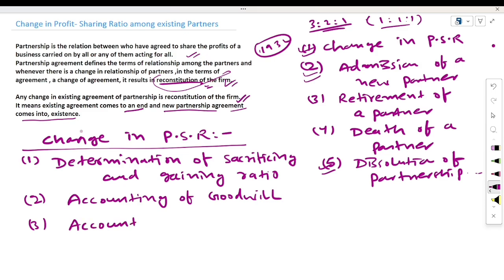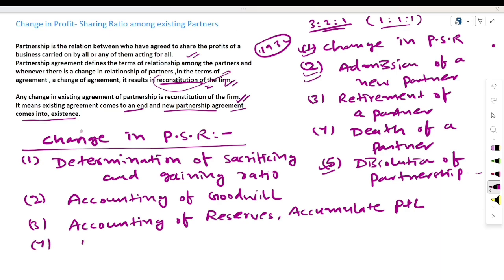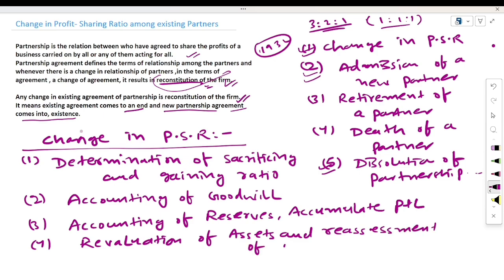Third topic we will learn in this chapter is accounting of reserves, accumulated profit or losses. And the fourth topic we will learn here is revaluation of assets and reassessment of liabilities.